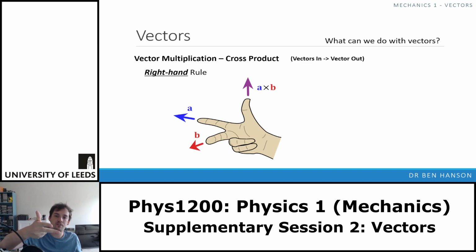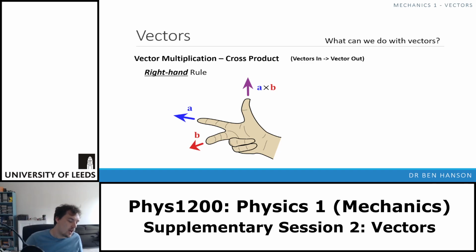And I can bring my two fingers as close together as I want. It's still my thumb pointing perpendicular to both of them. And that's why this works, because we can form a right angle between our thumb and these vectors. And so we can put them in any orientation we want, and our thumb will point in the direction of A cross B.